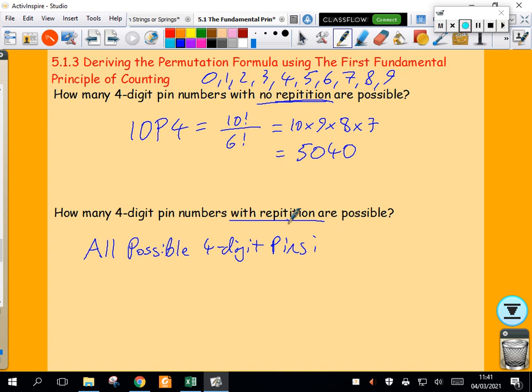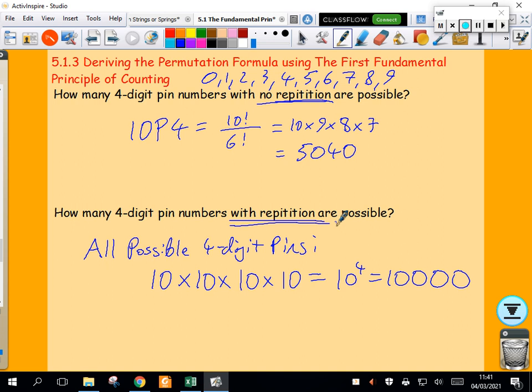So all possible 4-digit pin numbers. Well, the first thing is to choose one of my digits to go in the first position, and then choose another digit to go in the second position, but the next digit can be the same, so I've still got 10 choices. Choosing a digit for position 3, I'm allowed to repeat, so there's still 10 choices. Choosing a digit for position 4, there's still 10 choices, so there's 10 to the power 4, or 10,000 4-digit pins altogether.